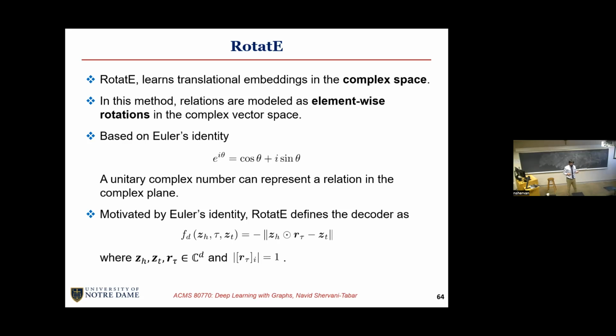And what I'm doing here is element-wise rotation. So I'm rotating each element according to the angle of its own, right? Our tau is a complex number of dimension d. ZH and ZT are also vectors in the d-dimensional complex space.